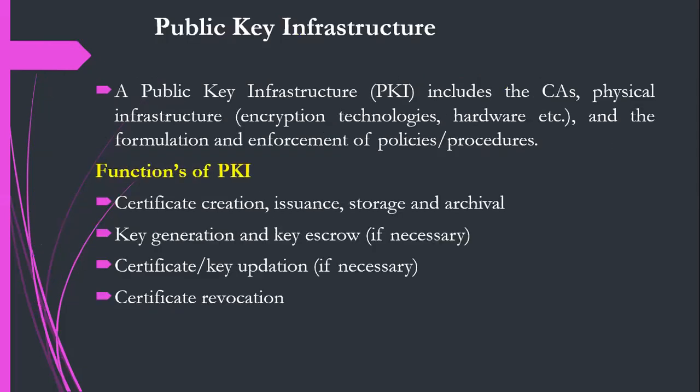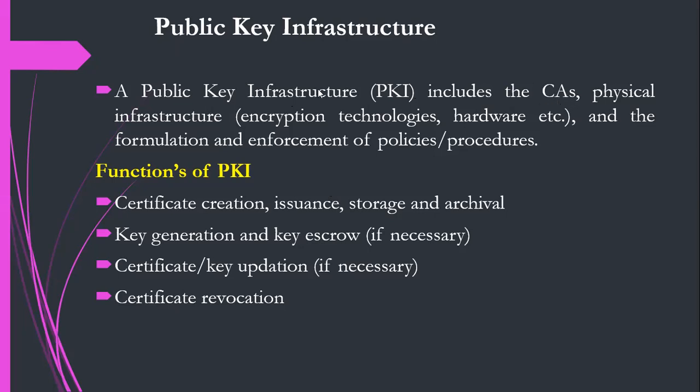Next you have the concept of public key infrastructure, in short called PKI. You have to build an infrastructure which will involve the communicating entities, the certificate authorities, even the registration authorities, and so on. That infrastructure is called the public key infrastructure itself. To define PKI, it includes the CAs, that is the certification authorities.